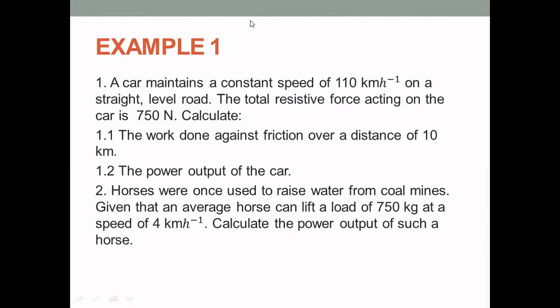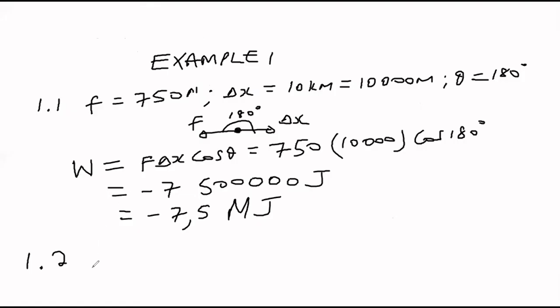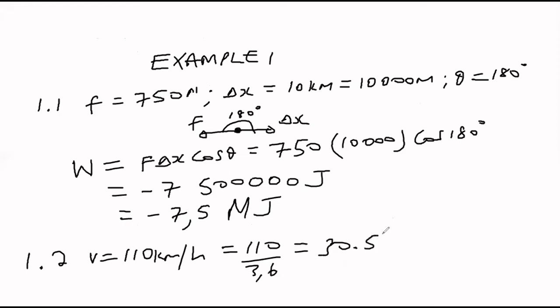Let's go to the question together quickly. Okay, the power output of the car. So let's check what we have. We have V, the speed, which is 110 kilometers per hour. We can divide it by 3.6. We get 30.56.